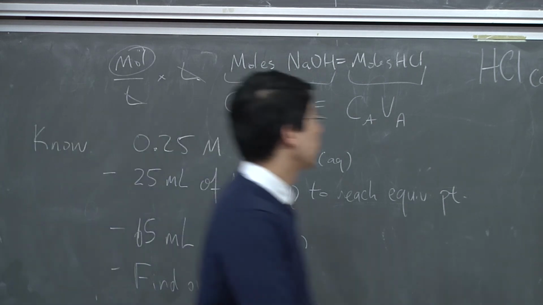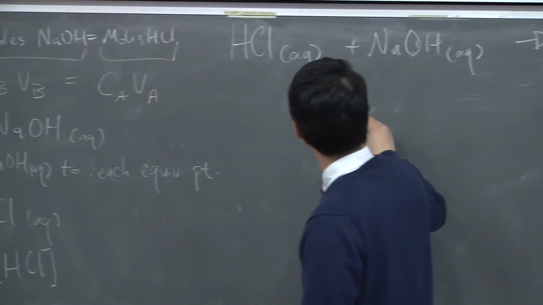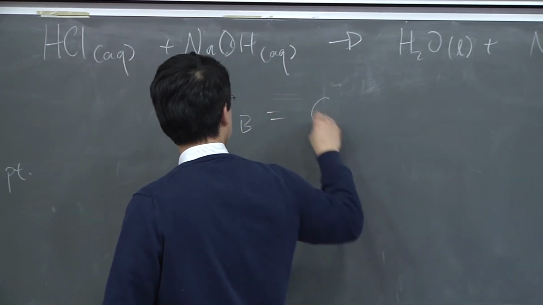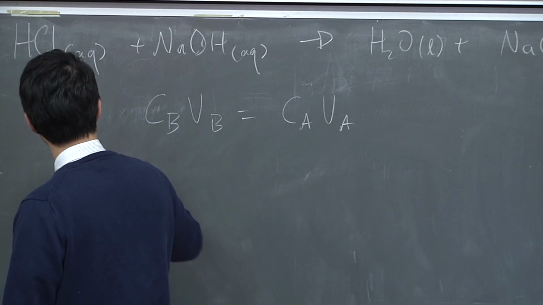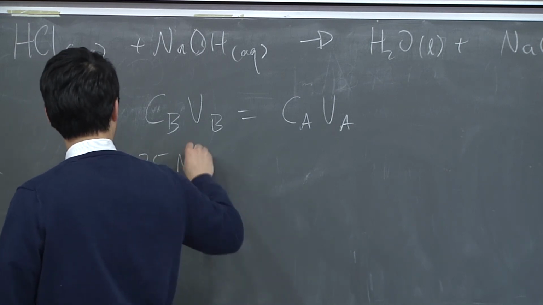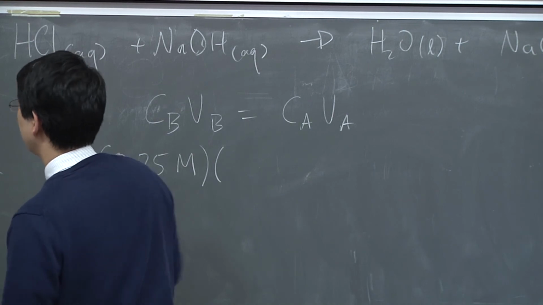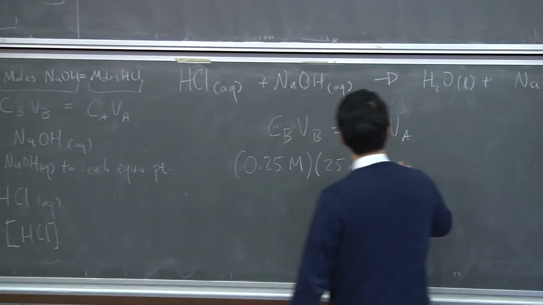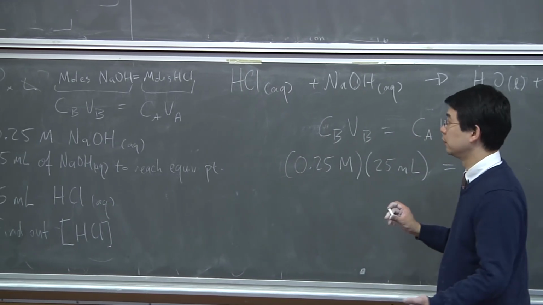So let's do this. The concentration of base is 0.25 molar. The volume of base is 25 milliliters. The concentration of acid, we don't know.